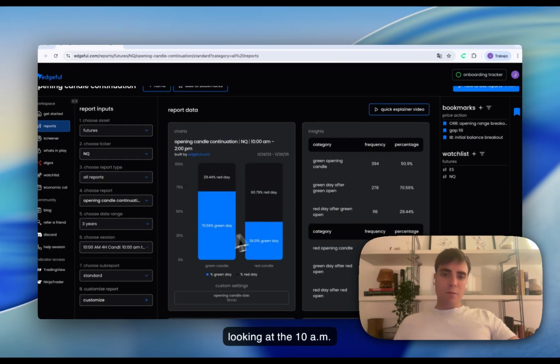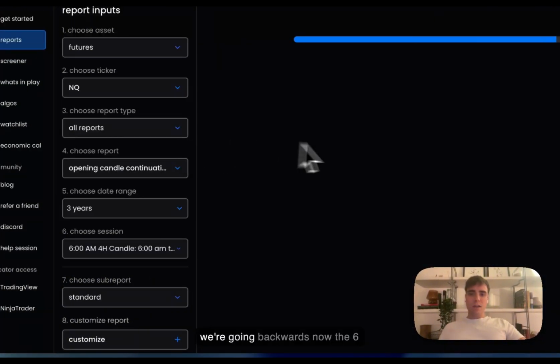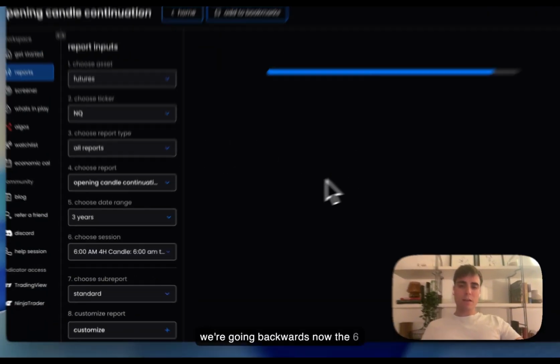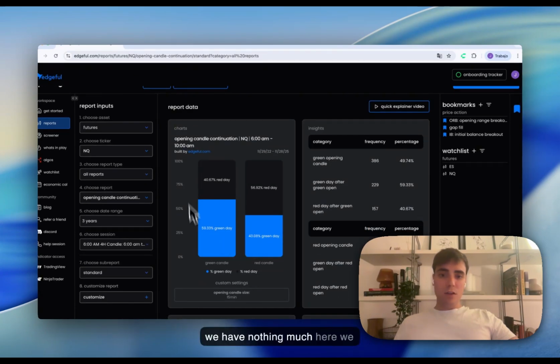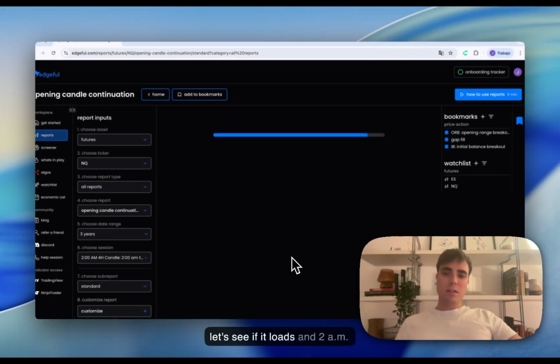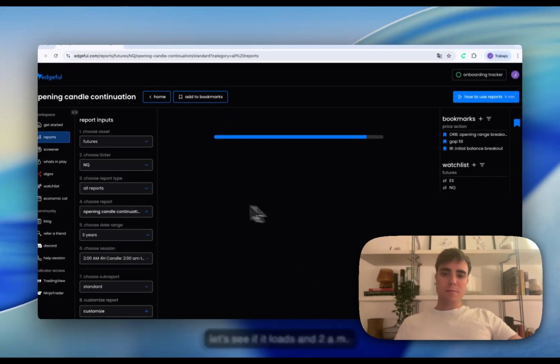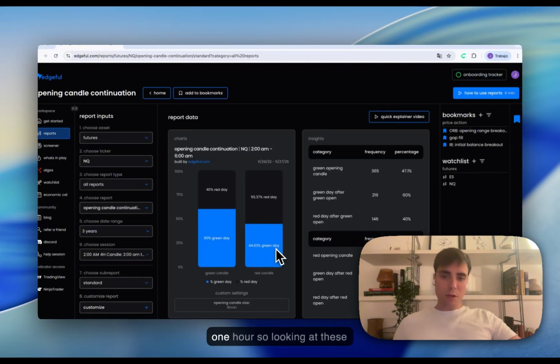Looking at the 10 a.m., the percentages go along with the 1 hour, so it's pretty much the same thing. The 6 a.m., we're going backwards now, we have nothing much here, pretty much the same percentages as the 1 hour. And the 2 a.m., let's see if it loads, is pretty much the same as the 1 hour.